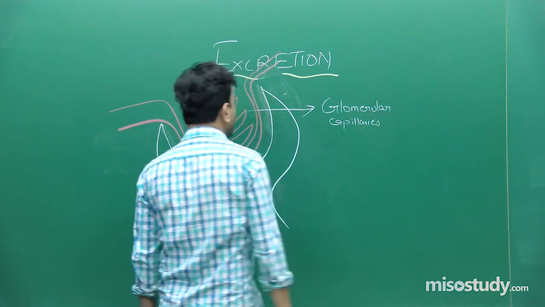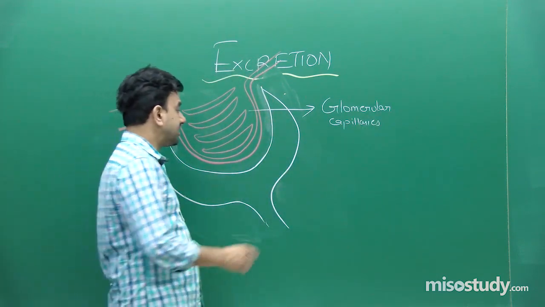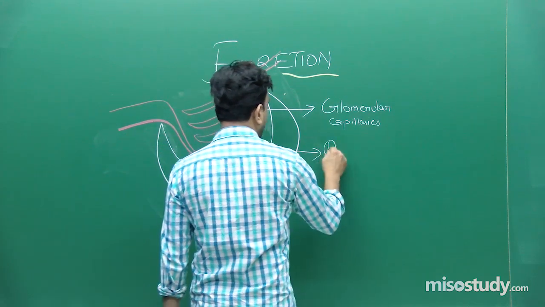Now, as I told you, this Bowman's capsule has two layers. One is the outer parietal layer of Bowman's capsule.